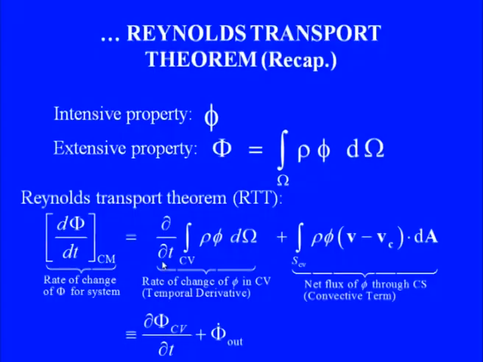So the second term on the right hand side essentially represents the net flux of phi through the CS. We also call it the convective term, and we can use another notation for it: capital phi dot out.